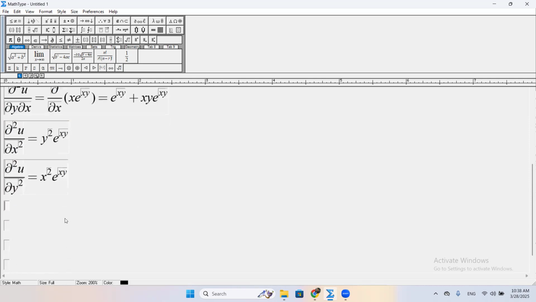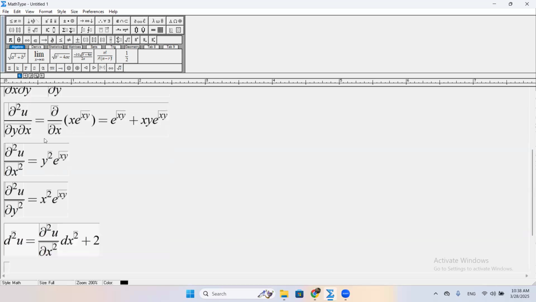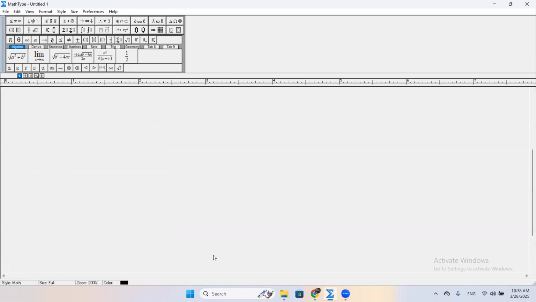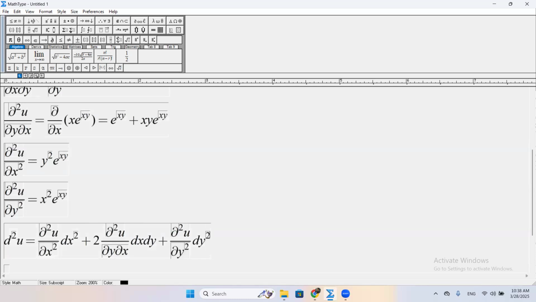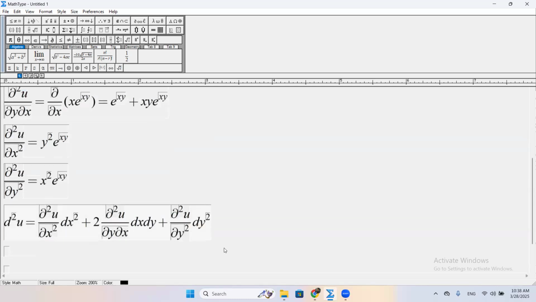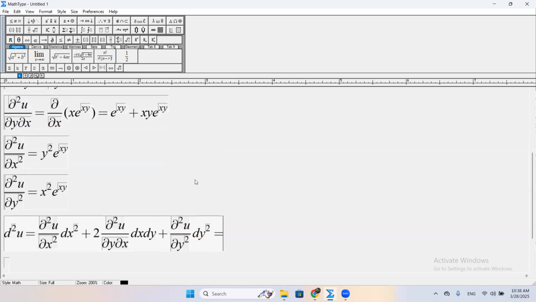And now let's find the second differential. So by the following formula, let me remind it for you. And the partial derivative by y. So this is the formula of the total differential of the second order.